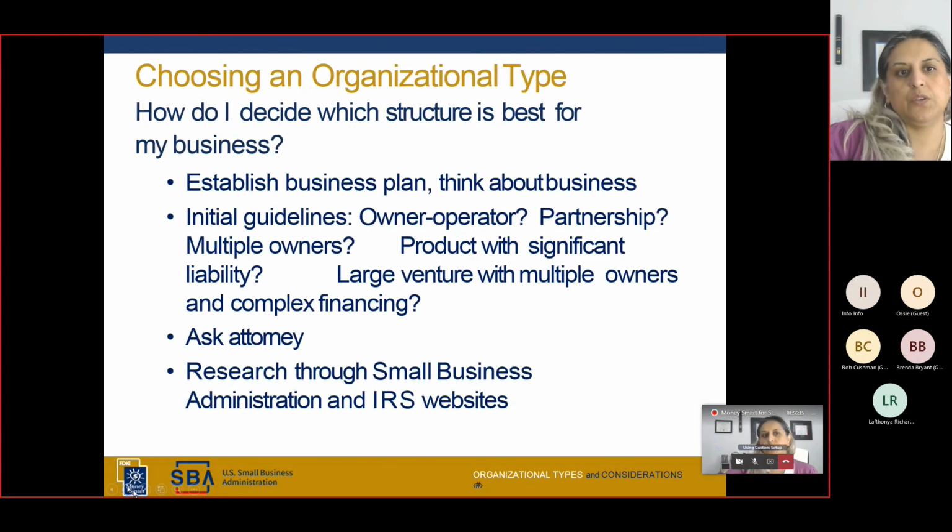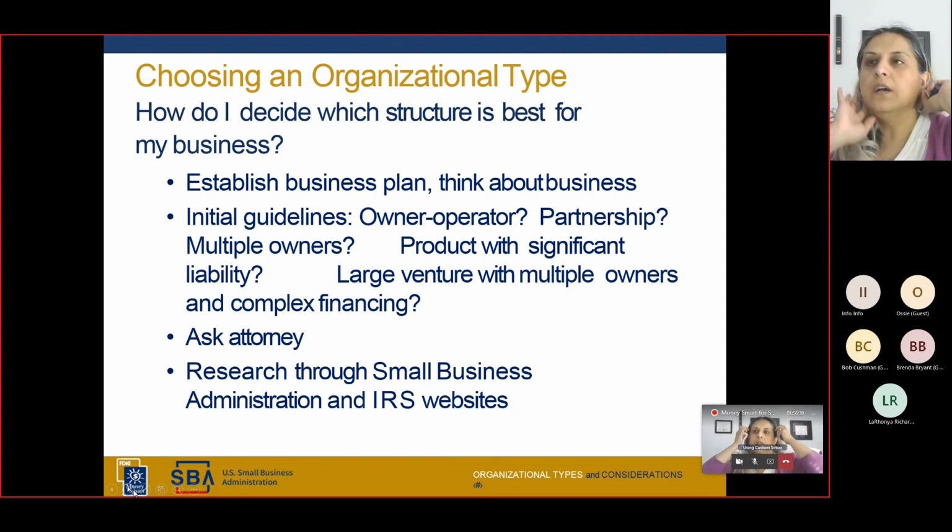So when you're choosing your organization, how do you decide which structure is best for your business? When you want to decide which one of these is best for my business, writing a business plan is usually your first step in determining what your business organizational structure should be.